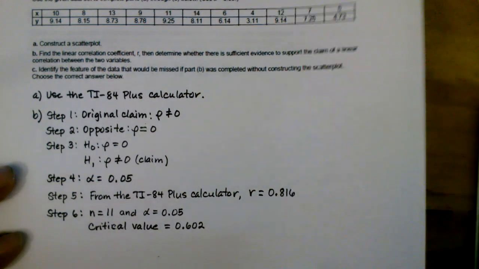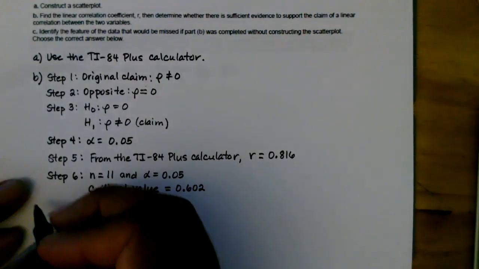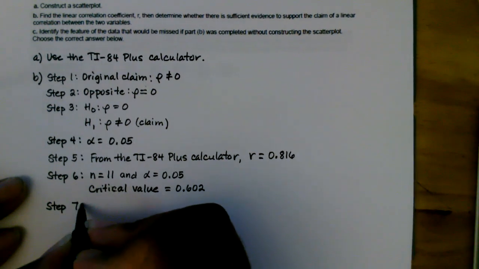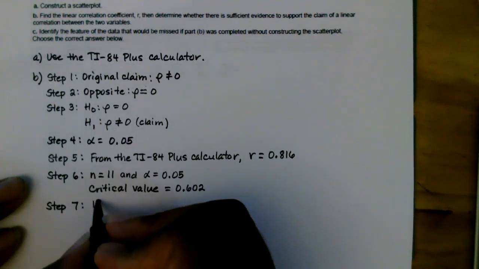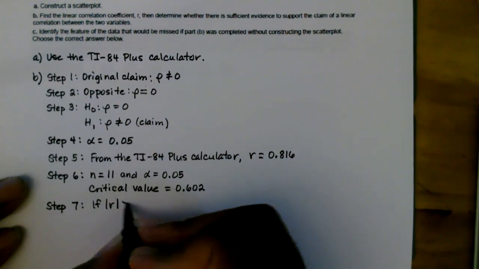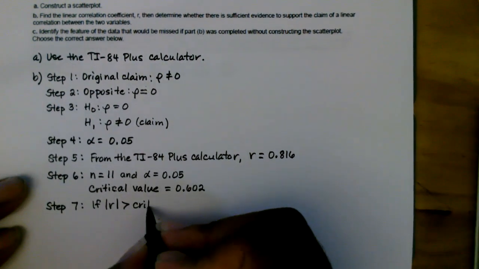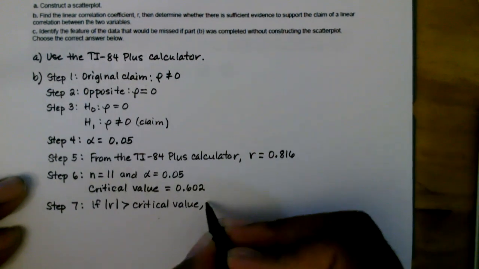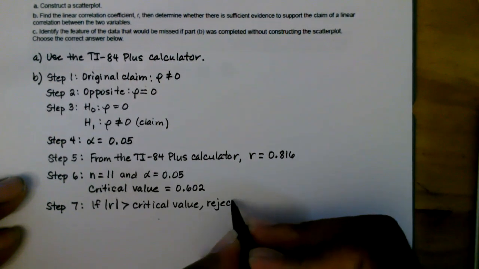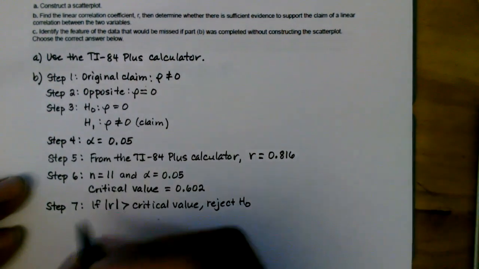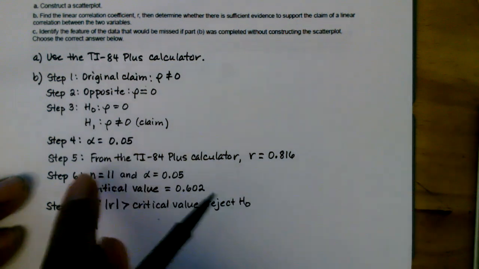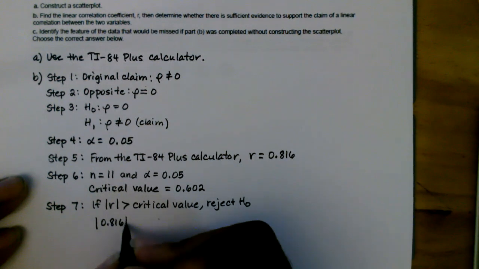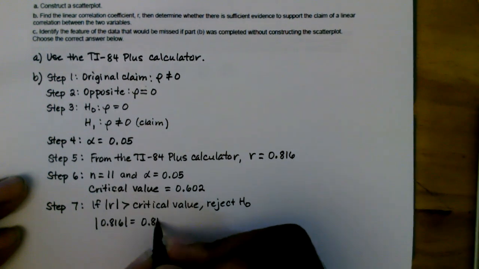And now step number 7 will be your decision rule. And that's going to be this. If the absolute value of r is greater than the critical value from table A-6, we can reject the null hypothesis. In this case, if I take the absolute value of r, which was 0.816, that's going to be 0.816 anyway.